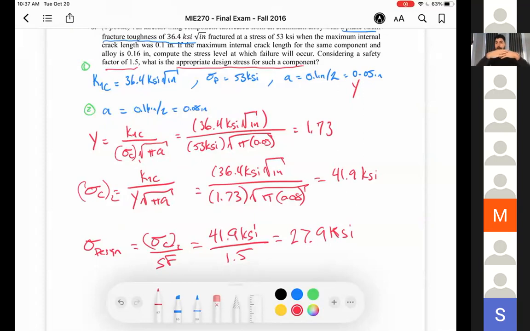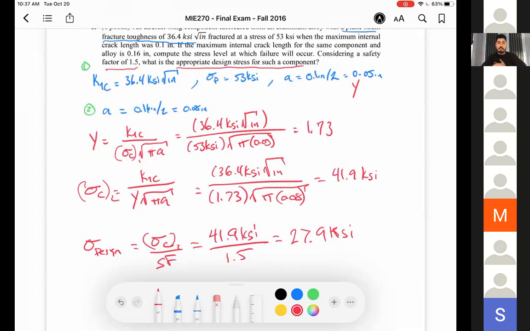If we multiply by a safety factor, we're increasing the stress. And if we increase the stress, we no longer have the fatigue limit, we have a fatigue strength, meaning a specified number of cycles to failure, which doesn't make sense intuitively, right? You want the component not to fail, so why would you increase the stress and make it fail?